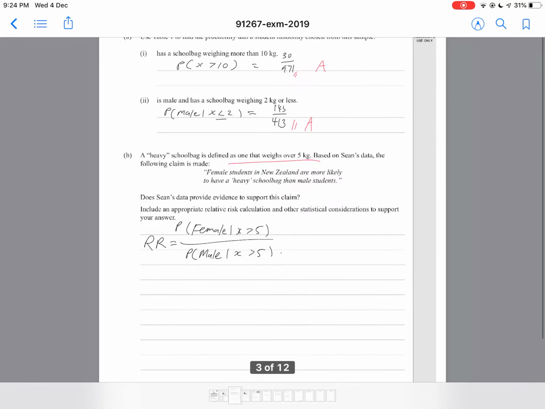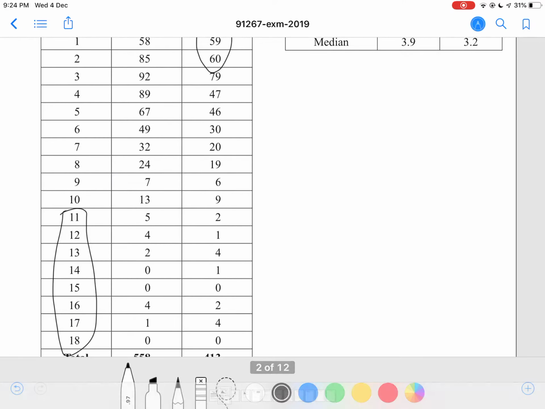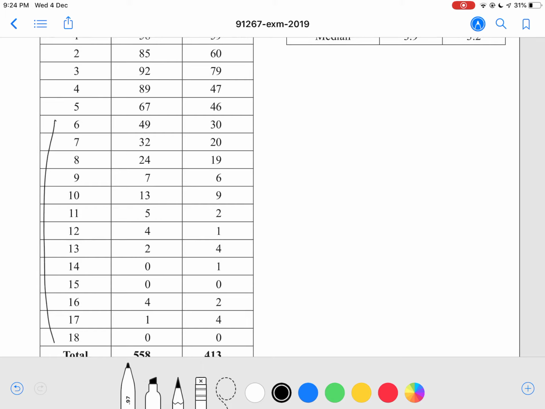So once again we have to do some addition, unfortunately. We're looking from 6 to 18, which means all of these numbers and all of these numbers.